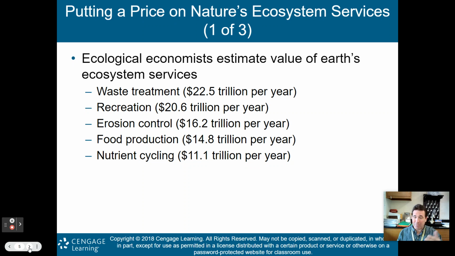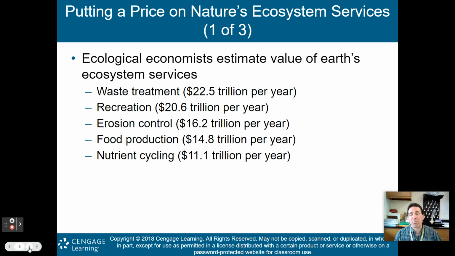Recreation, right? Just talked about tourism, just talked about boating on aquatic systems, things like that: $20.6 trillion per year. Erosion control, right? Food production, nutrient cycling. These are all ecosystem services that the planet provides. And you'll notice estimates well over $10 trillion a year for all of these services.